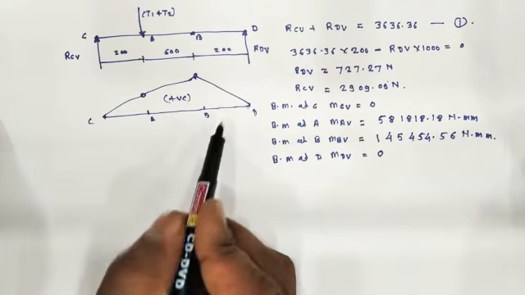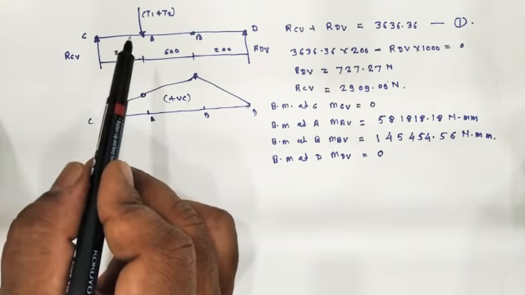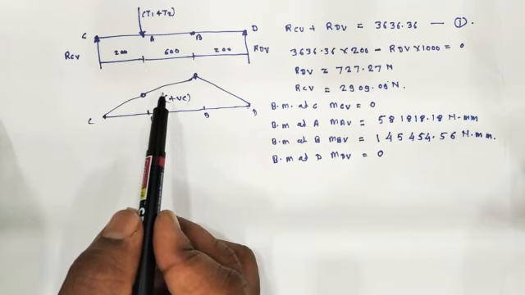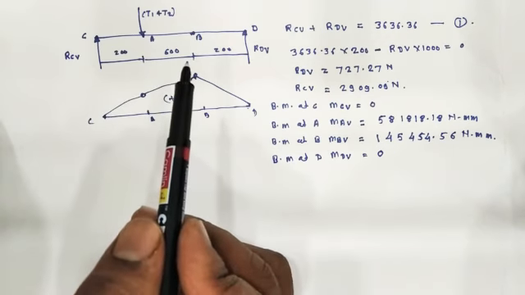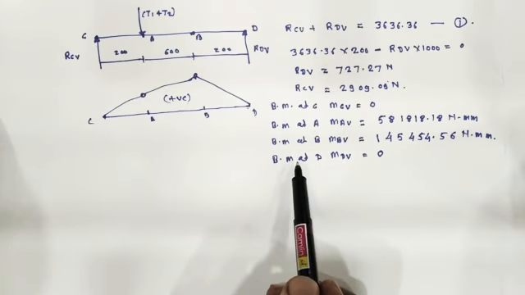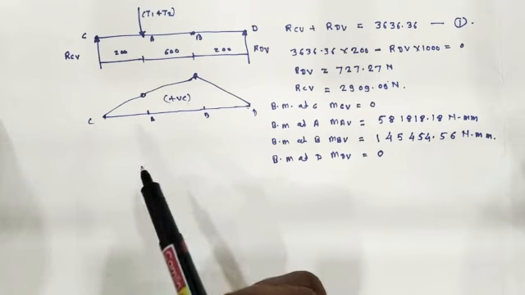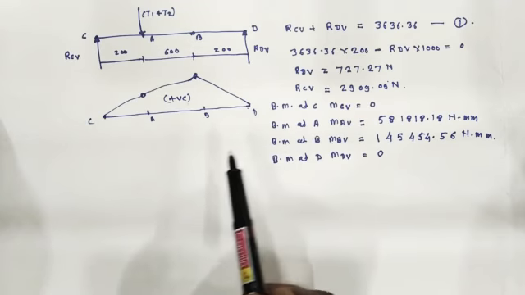Now, the main aim behind this homework is to draw the vertical loading diagram, draw the horizontal loading diagram, and thereafter calculate the bending moment in the horizontal plane and the bending moment in the vertical plane, in order to calculate the net bending moment at the respective points.